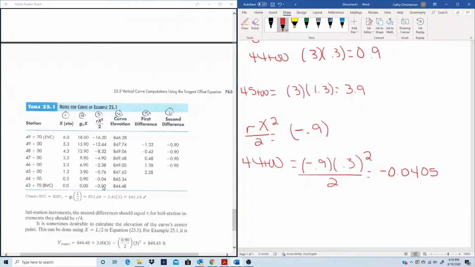Alright, so next column is just going to be Rx squared divided by 2. The only thing that's going to change when I go to station 45, so my R is negative 0.9, 1.3 squared divided by 2.